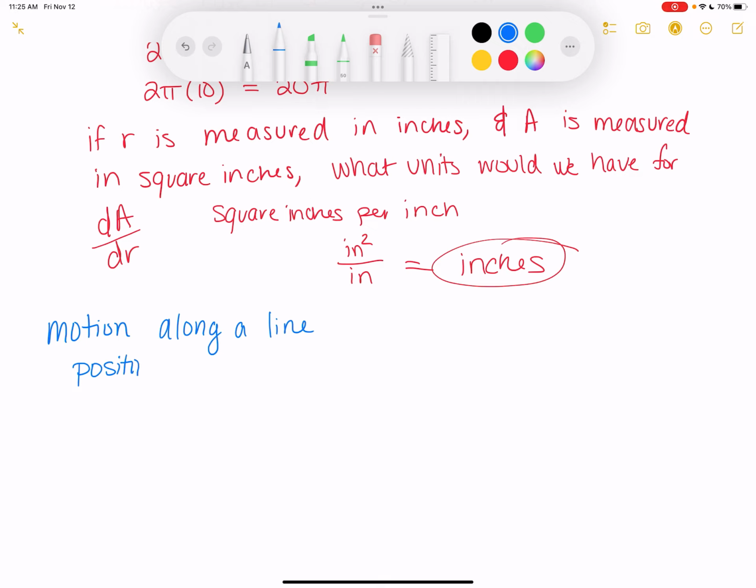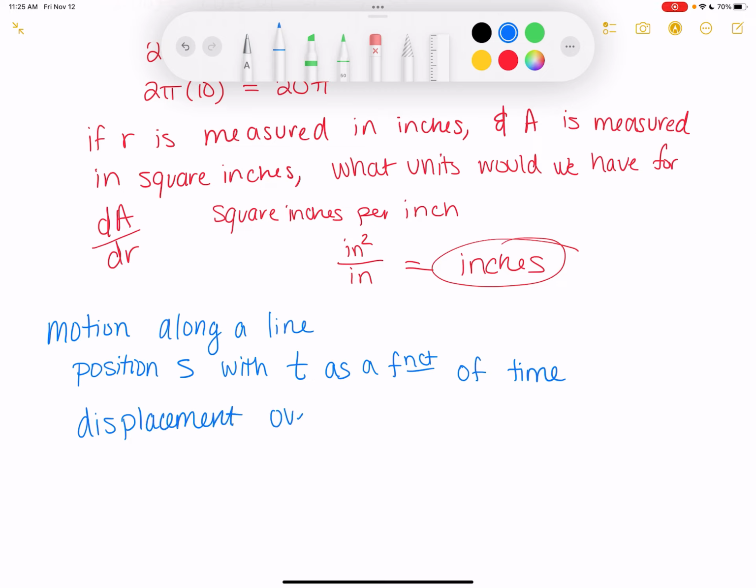Position s as a function of time, and displacement over a time interval t to t plus delta t. Delta t is just a small little change in time, like adding increments of time to it.